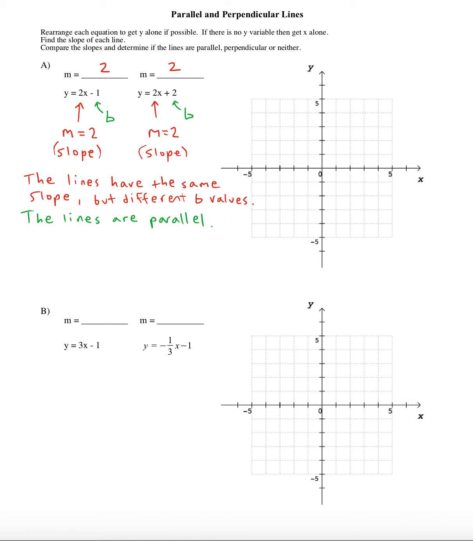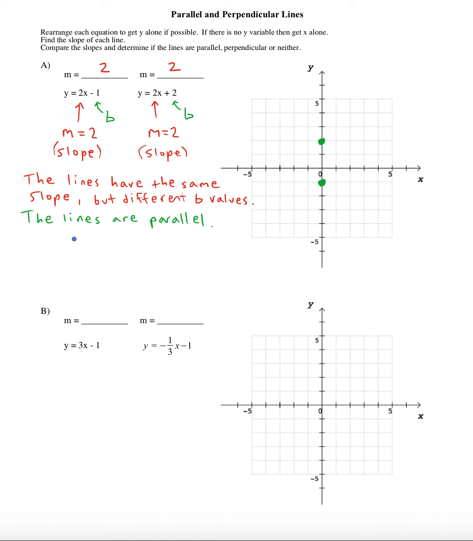All right, now let's use the definition of the intercept in order to help us graph them. One of these needs to intersect the y-axis at a -1. That's right here. The other one has to intersect at a +2 value. And they have a slope of 2.